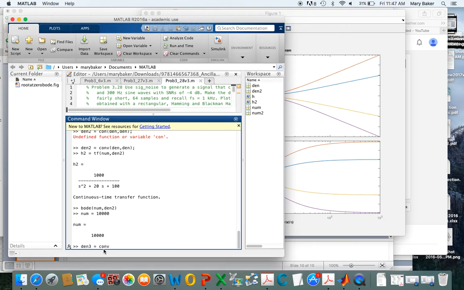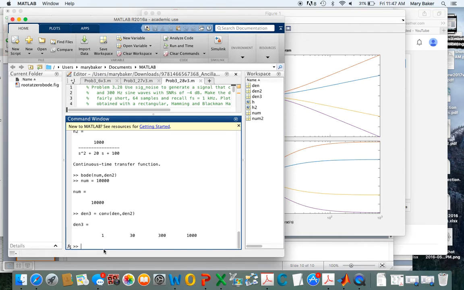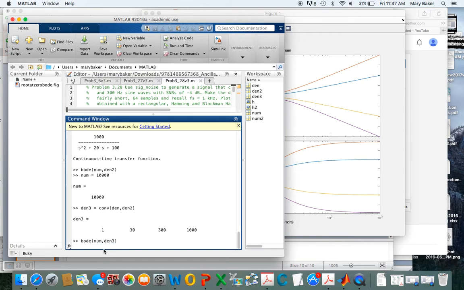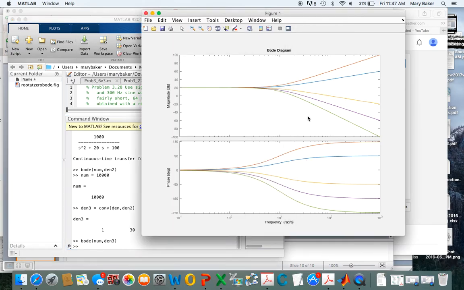So we will convolve our original denominator with our second order. And then let's do a Bode of numerator and denominator 3. And so you can see this green line here is going to represent that.